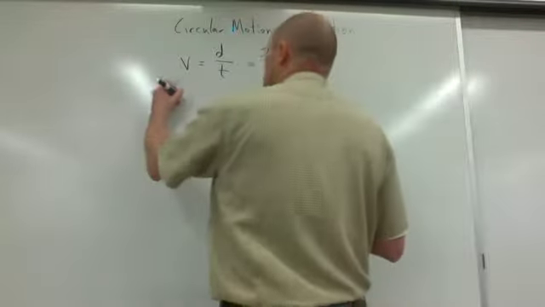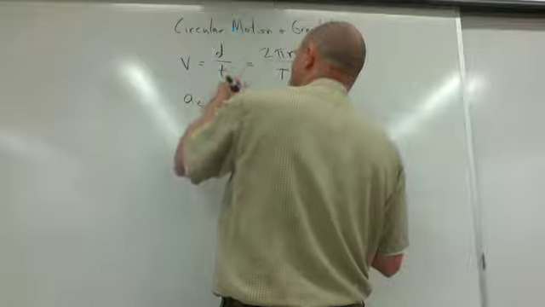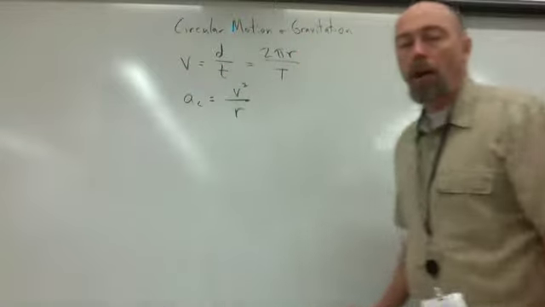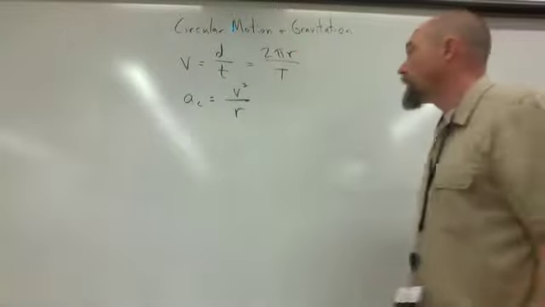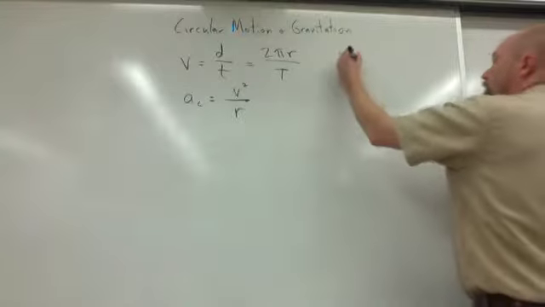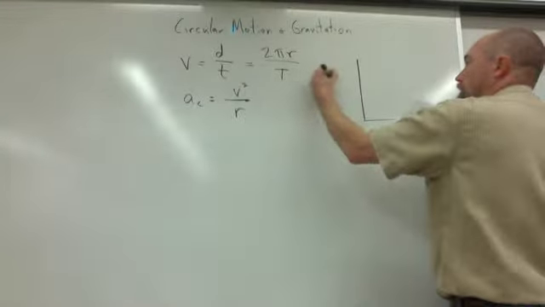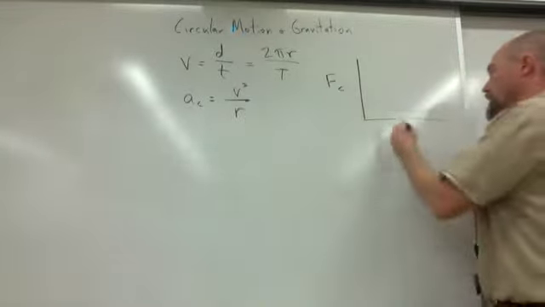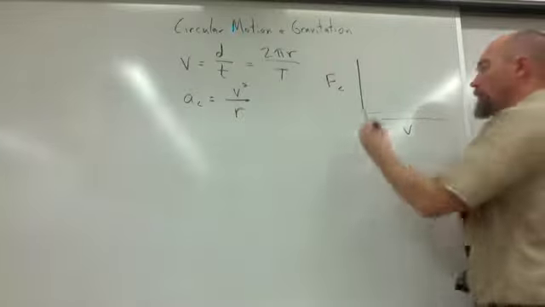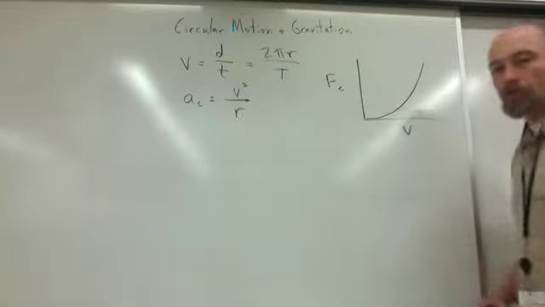Oh, and then this one was v squared divided by r. If you guys remember, we did a lab where you looked at centripetal force versus speed, and you got a square relationship.